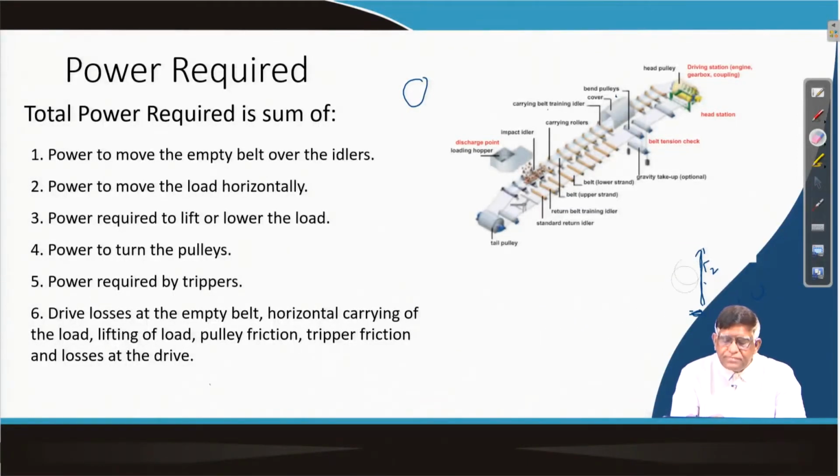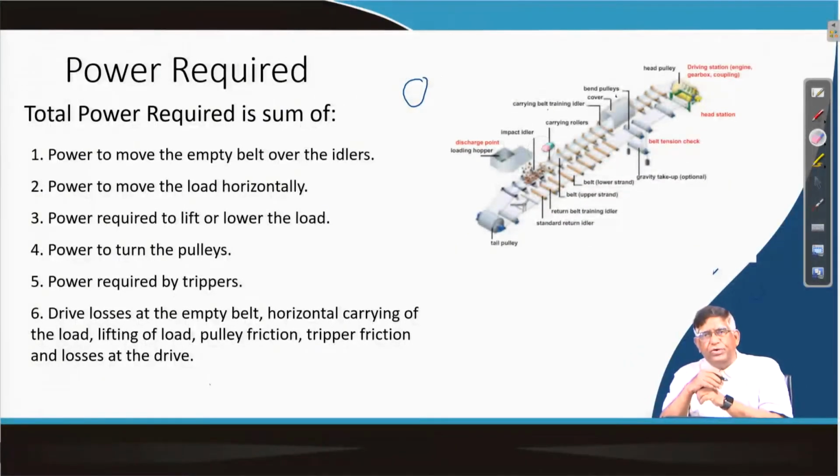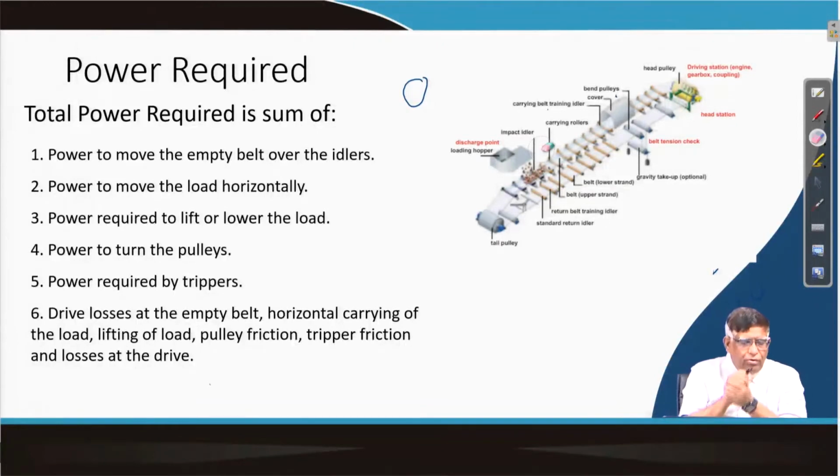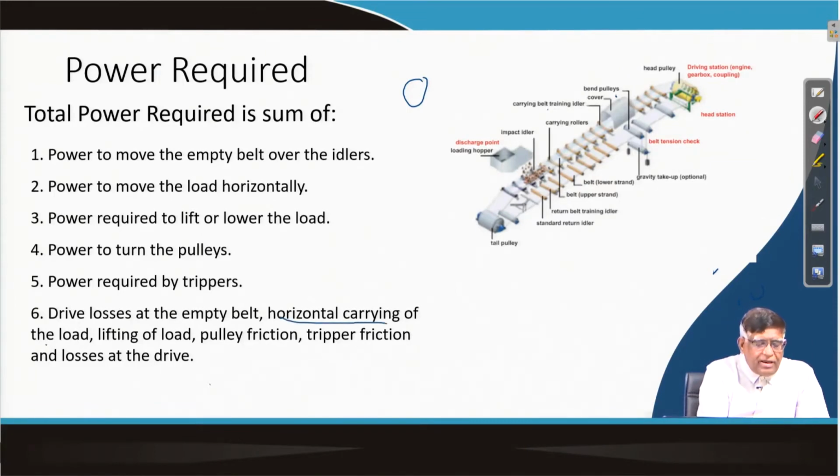Then there may be a tripper in between, for side discharge loading and all that. Whatever resistances the tripper gives will also come with that. Along with how you are horizontally carrying the load and lifting the load, pulley friction and tripper friction, all these frictions will have to be taken into consideration.